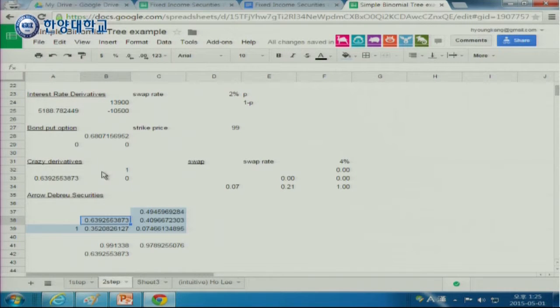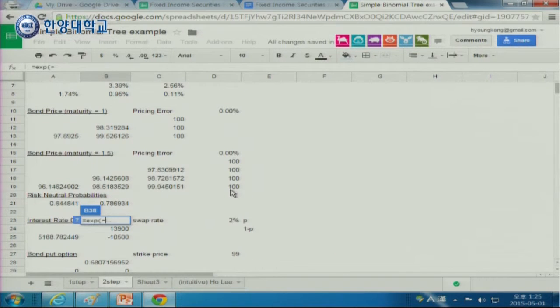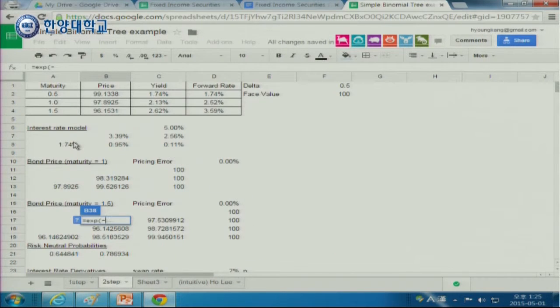oh, sorry. This is the exponential of, we have to discount it, $1. So, yeah, this one.